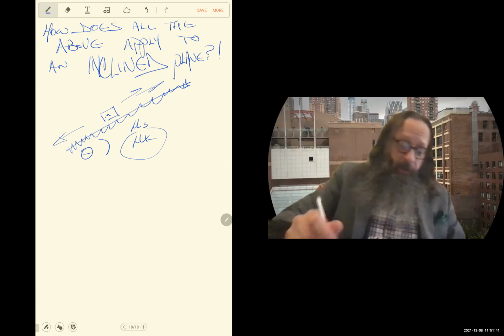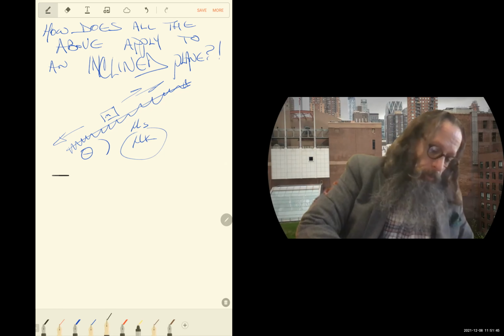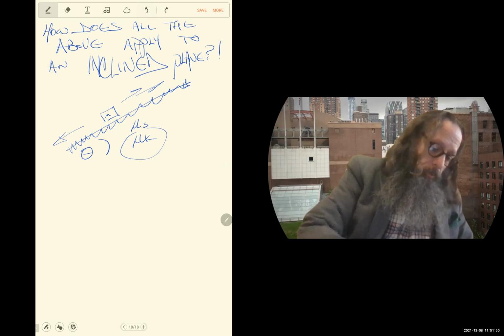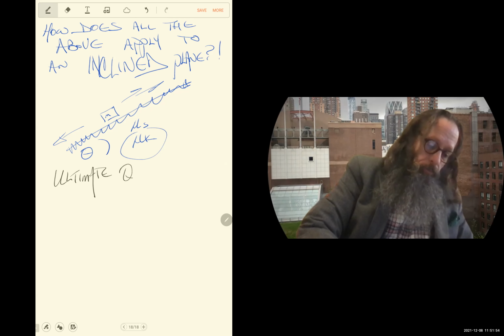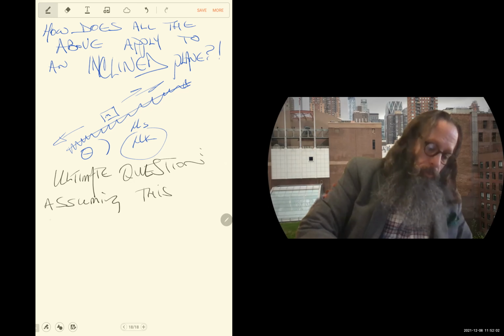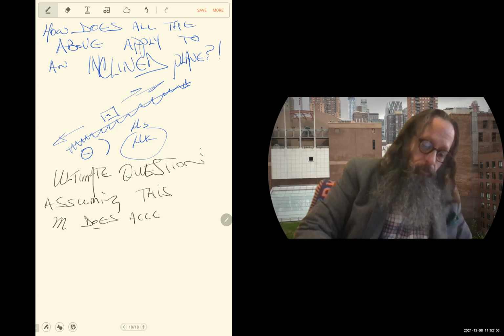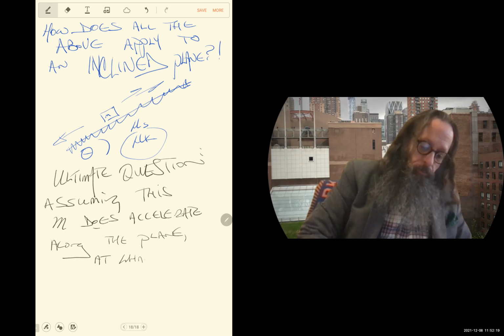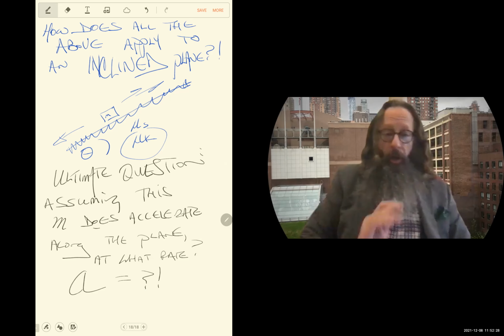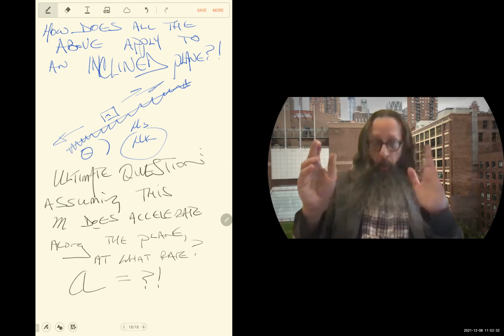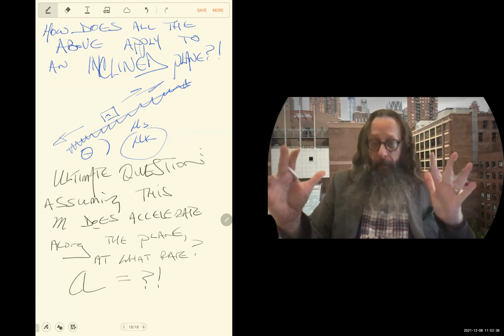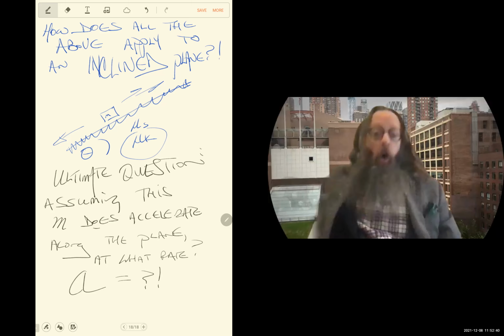But the ultimate question, okay, the same ultimate question, whether or not we first have to establish whether there is enough to get the thing moving at all, assuming once it is actually moving, our ultimate question here is, at what rate does it accelerate down along the plane?